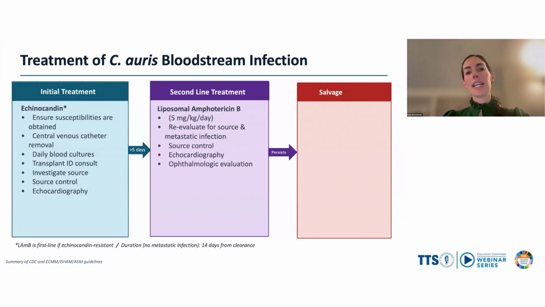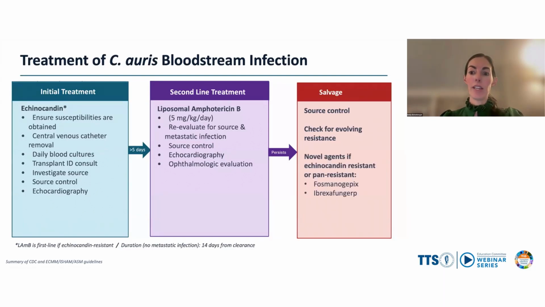In cases where candidemia is persistent beyond this point, and the guidelines don't give a specific cutoff, but if we're dealing with persistent fungemia, we may want to consider salvage therapy. So what does that look like? Again, we're coming back to this idea of controlling the source of infection. You want to check for evolving resistance if you have persistent fungemia beyond this point, because again, echinocandin resistance can evolve while on therapy.